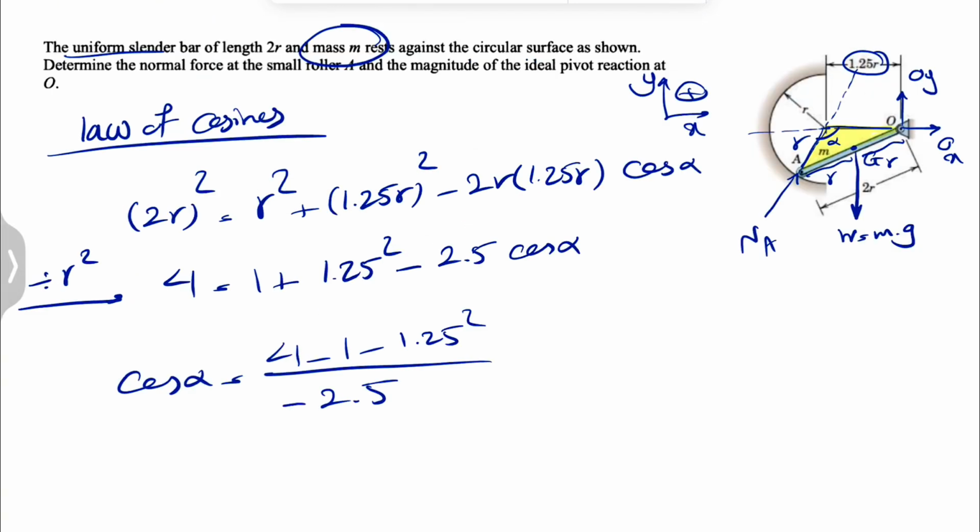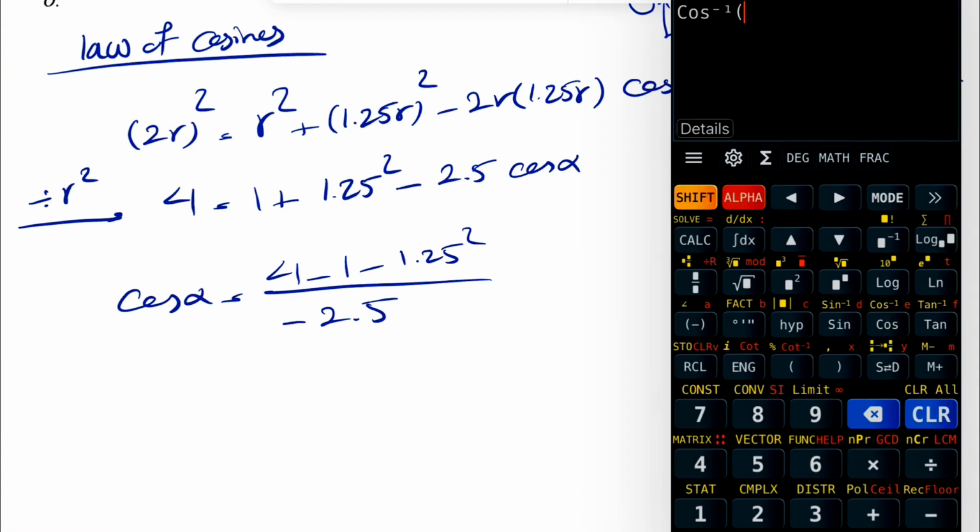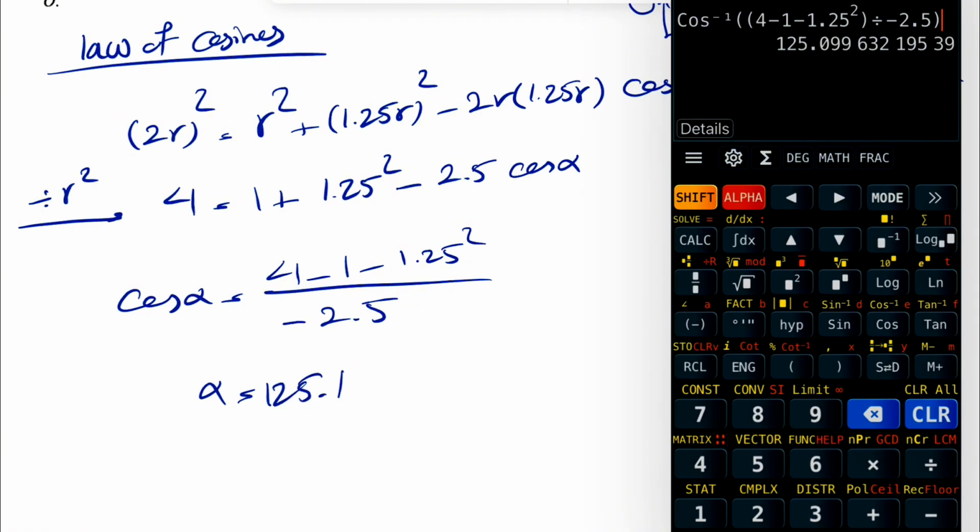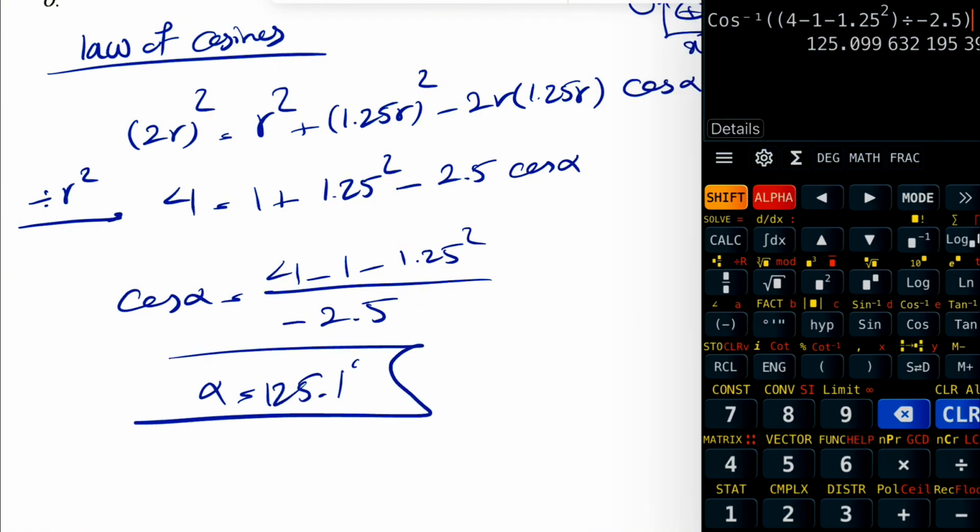We have a negative sign in here too. So let's calculate this. So our alpha would be cosine inverse of 4 minus 1 minus 1.25 squared divided by minus 2.5. So this is going to give us alpha, which would be 125.1 degrees.